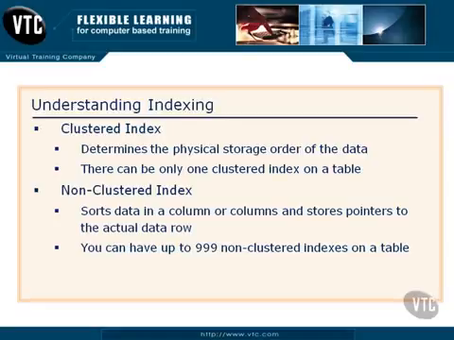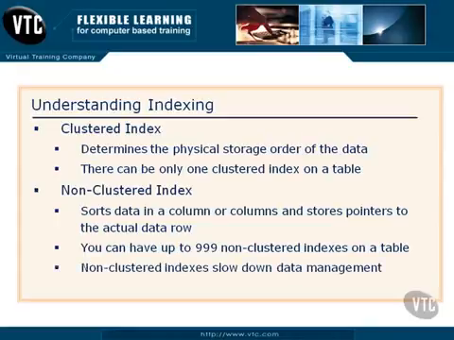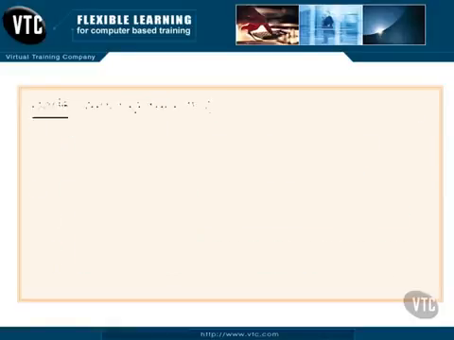However, it starts to get a whole lot slower and less efficient for adding data to the table or making changes to it. Now, in a data warehouse environment, oftentimes we're not making that many changes, and we certainly aren't doing very many updates, so you may be able to get away with more non-clustered indexes. You'll just have to test them. And again, these will slow down data management.